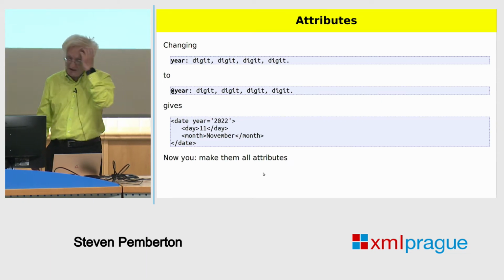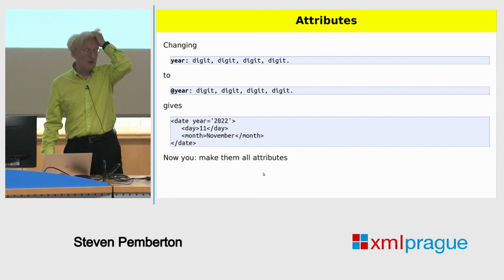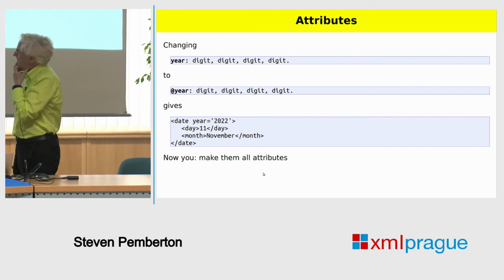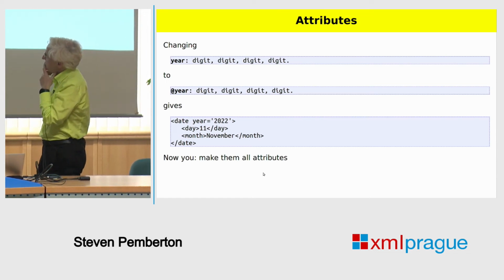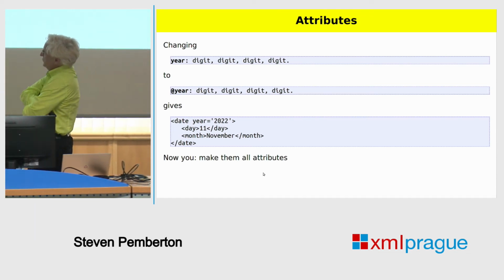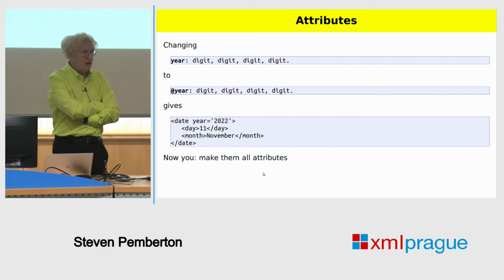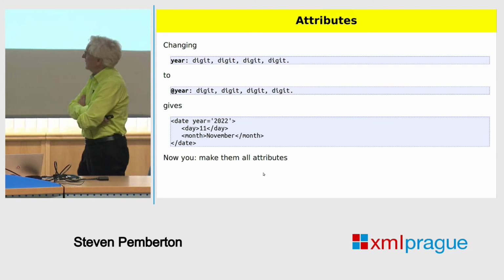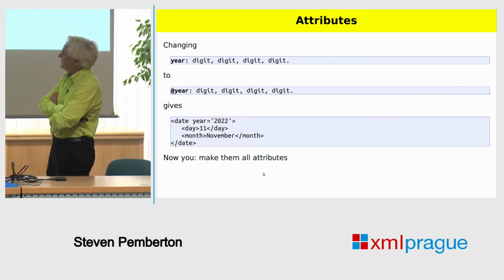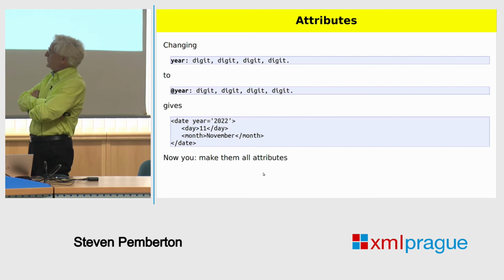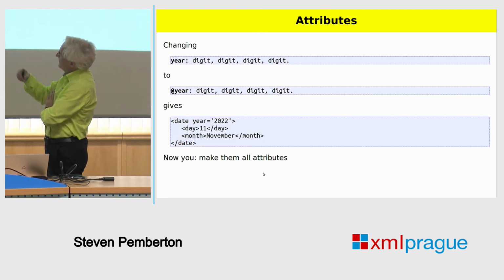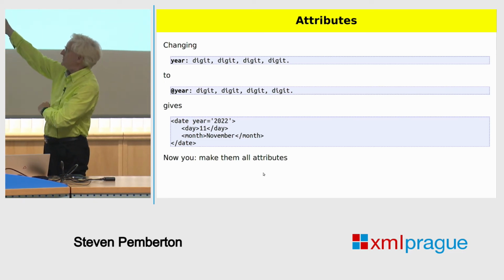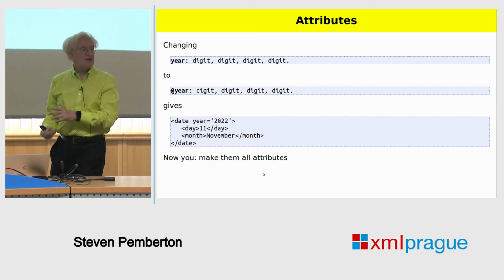As you will have seen yesterday, it's also possible to put data into attributes. So if you, for instance, put an @ sign before the year, then the year will turn up as an attribute of the element and not as an element. What happens with attributes is that even if you haven't got a minus before the digit, it doesn't show up, of course.